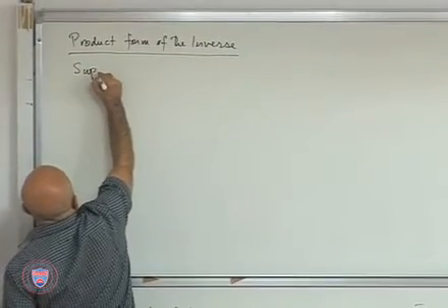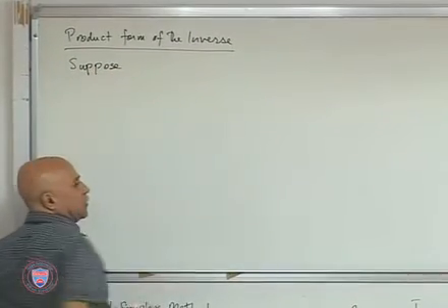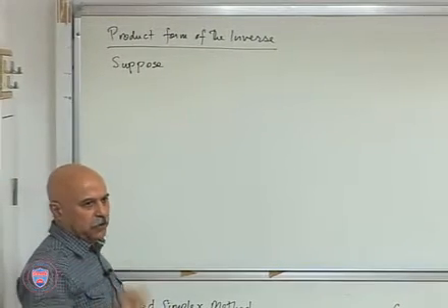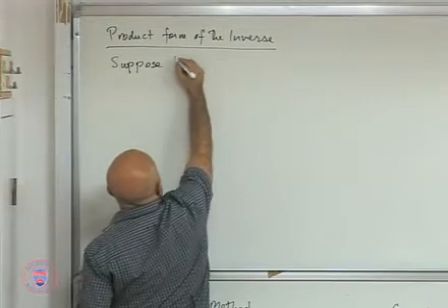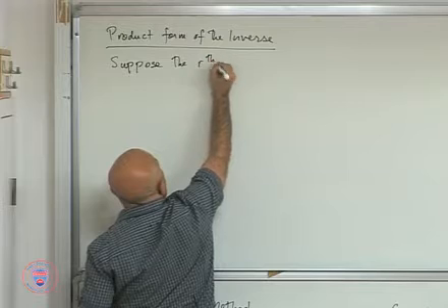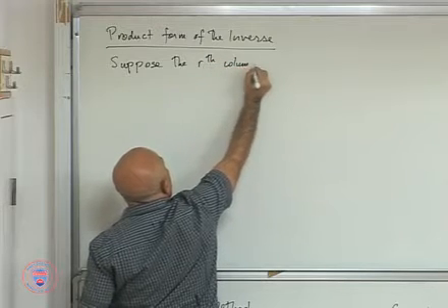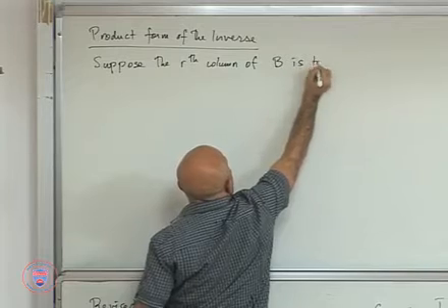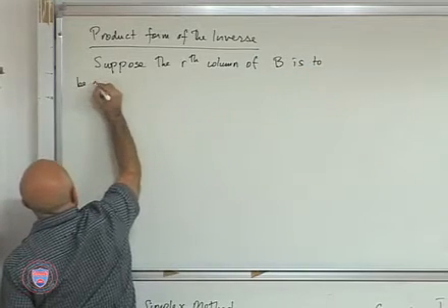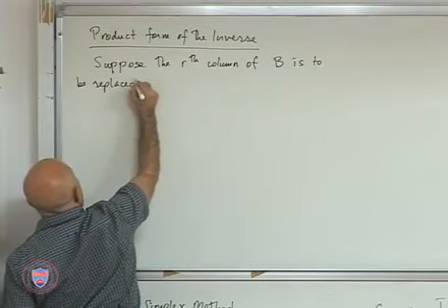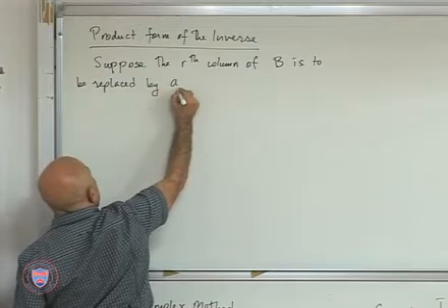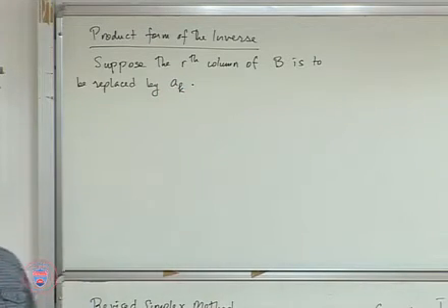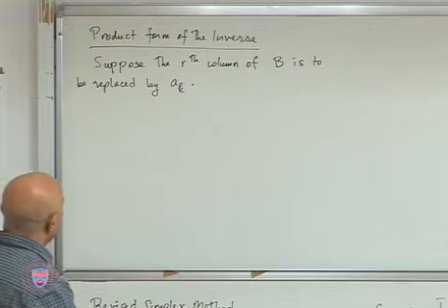So let's assume you have a basis B and some rth column of basis B is to be replaced by an entering column. Suppose the rth column of the current basis B is to be replaced by an entering column A sub k. Xk is the entering variable, Ak is the column associated with that.